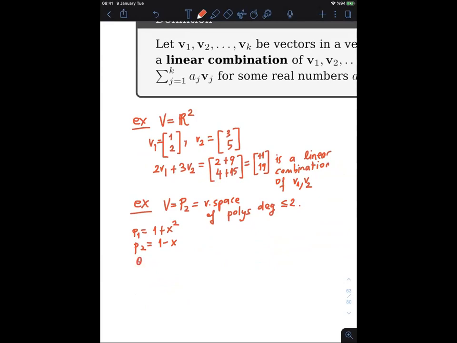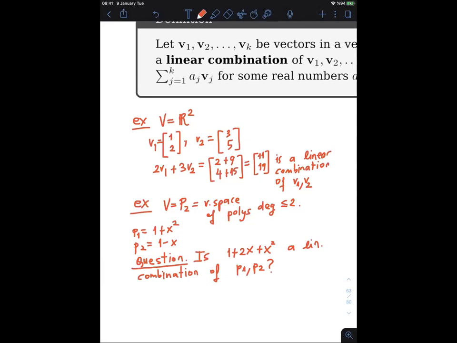Now the question is this: is 1 plus 2x plus x squared a linear combination of P1 and P2? This is my question.